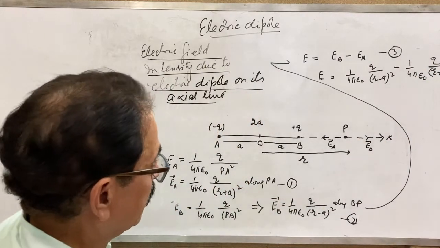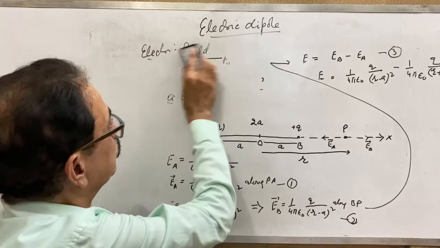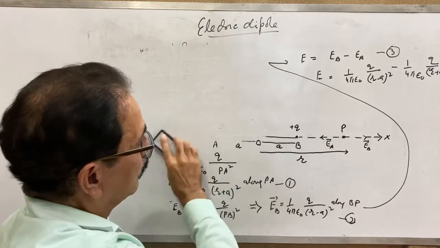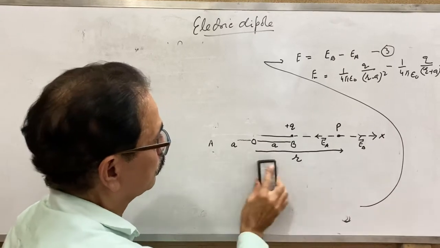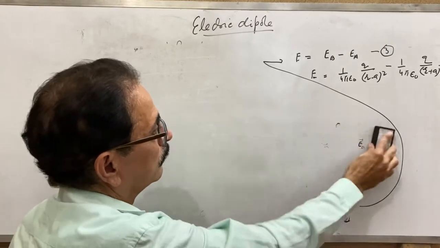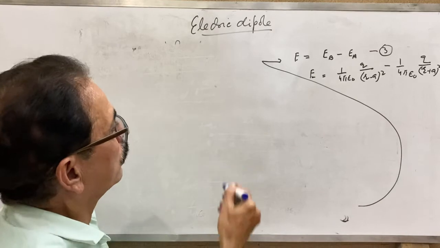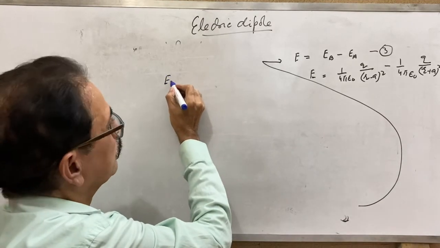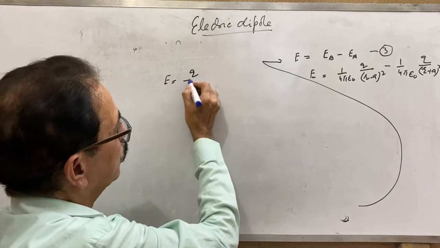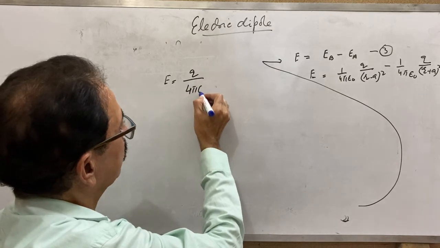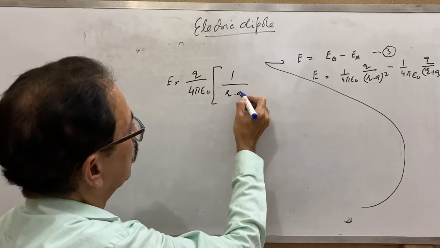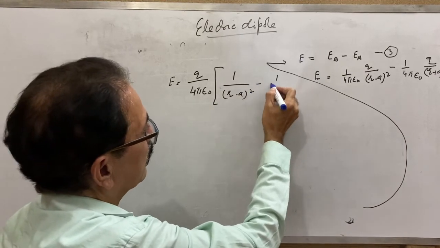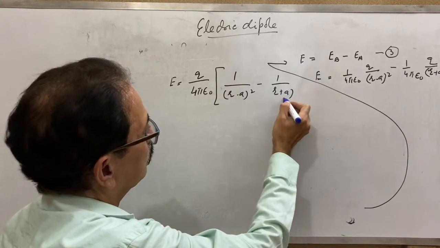Now we will solve it. So we can write this E equal to Q upon 4 pi epsilon naught, take the common, inside will remain 1 upon r minus a whole square minus 1 upon r plus a whole square.